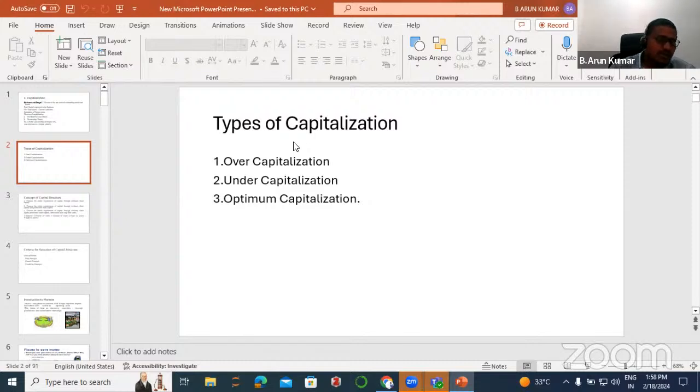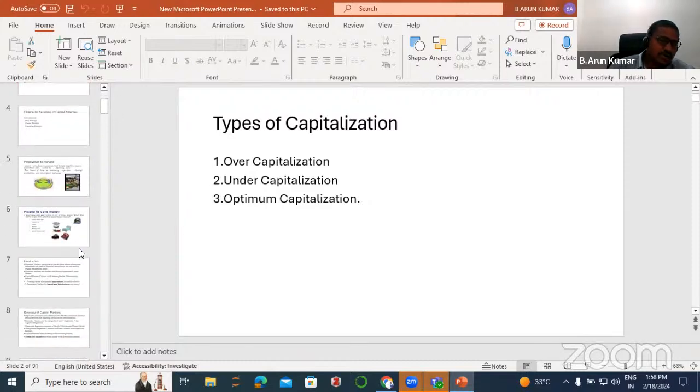Coming to block number 2, that is unit number 5, capital markets.